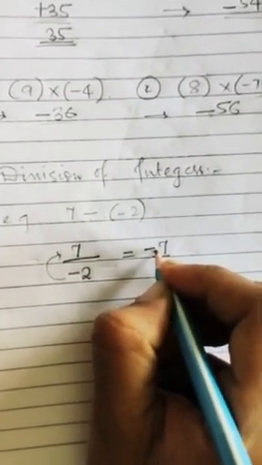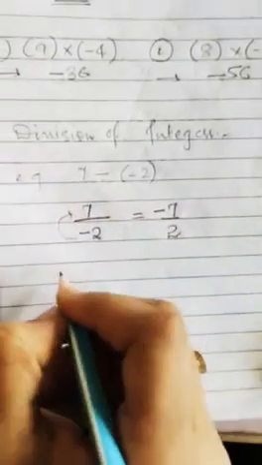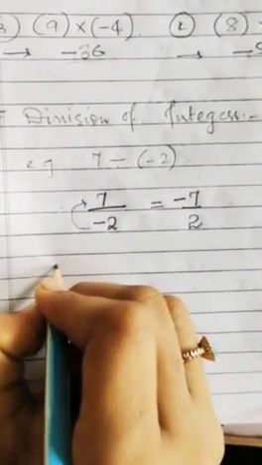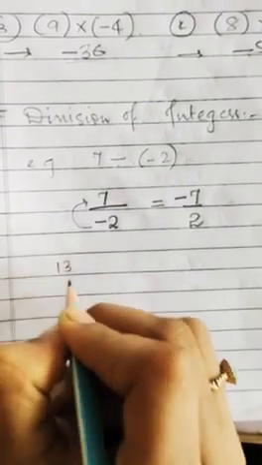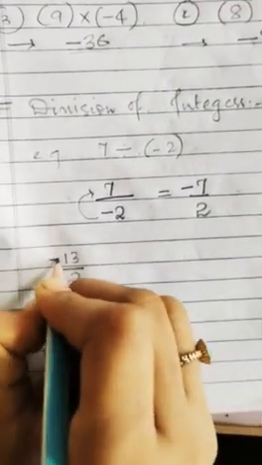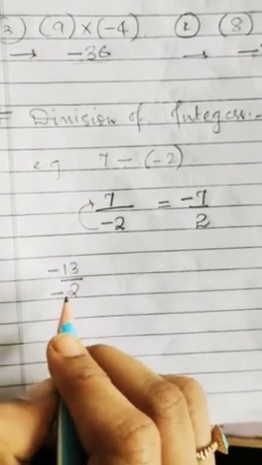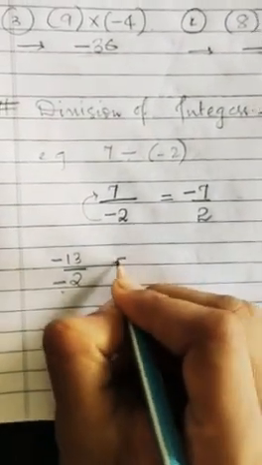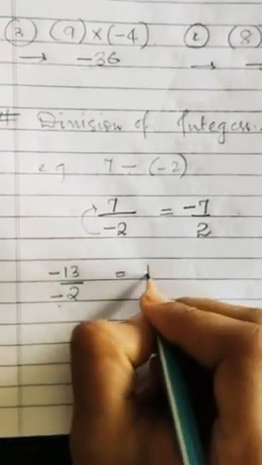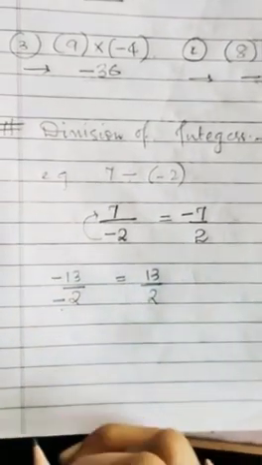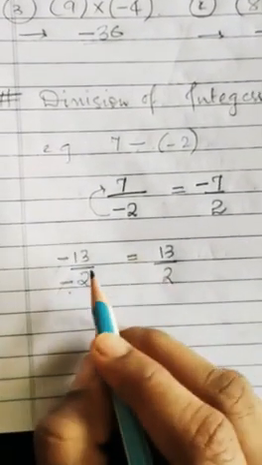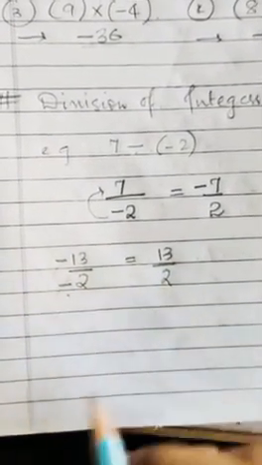Then if we divide a negative integer by a negative integer, for example minus 13 upon minus 2, our fraction will be 13 upon 2. Why? The negative signs cancel, and the fraction will be 13 upon 2.